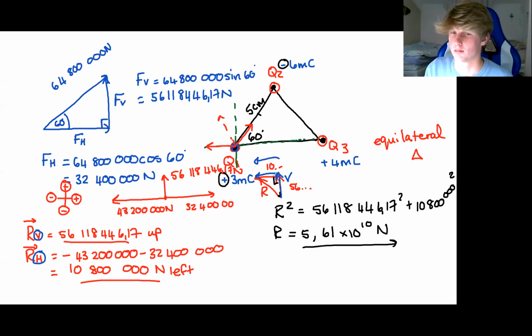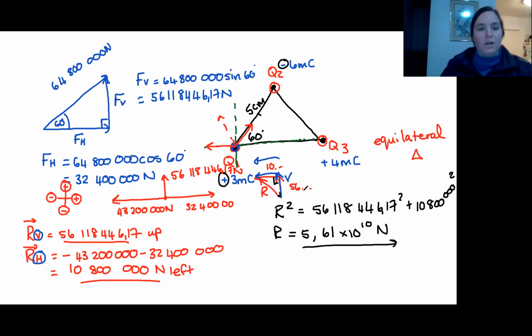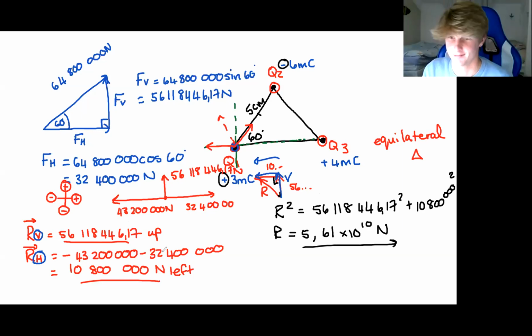So I'm now using Pythagoras, yeah? Sorry, I think I got a bit confused on that as well. For the RH, you said negative 4320000 minus 324000 instead of plus. Sorry, thank you for picking that up. What I did was I wrote it down as negative and did it as positive.